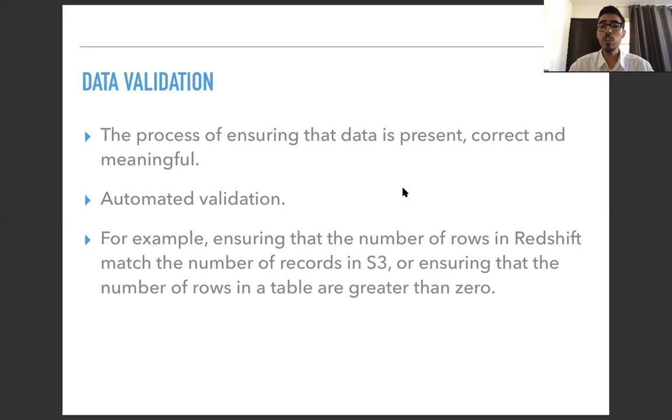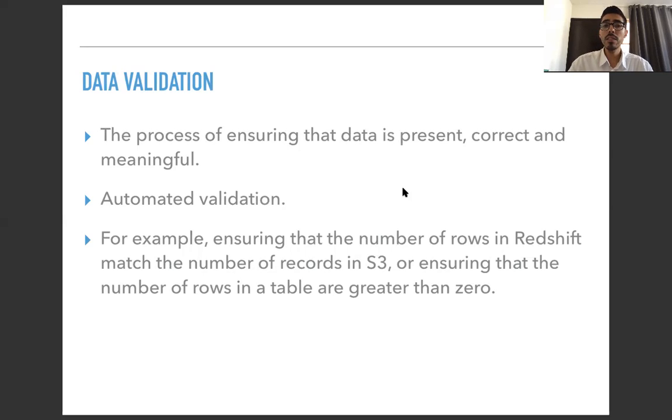For example, ensuring that the number of rows in Redshift match the number of records in S3, that's a form of data validation. We're ensuring that data is present, is correct, and is meaningful. Or ensuring that the number of rows in a table is greater than 0, that we are not loading empty tables, because that means that we cannot do anything with them.